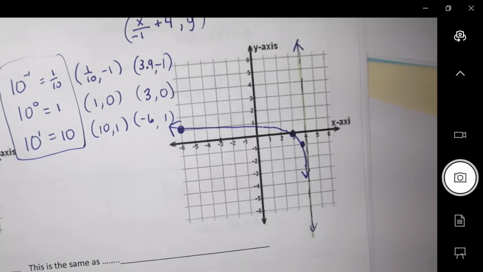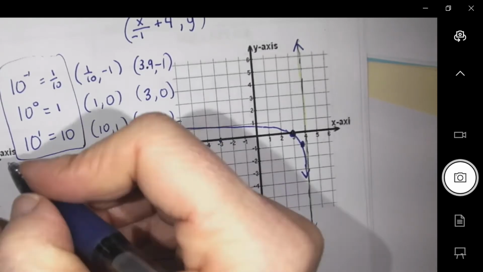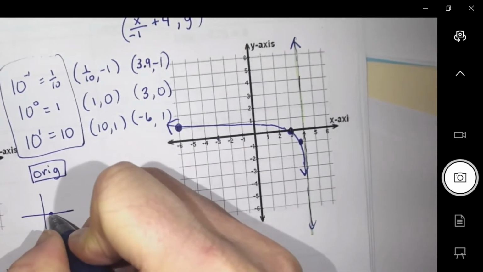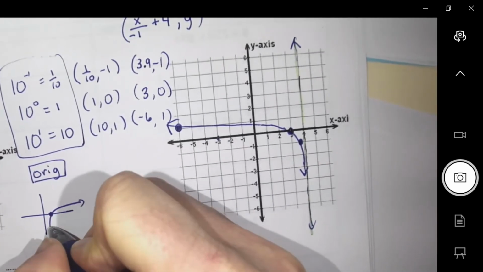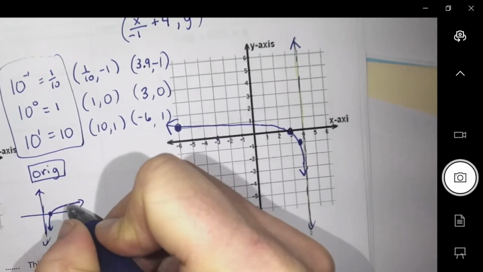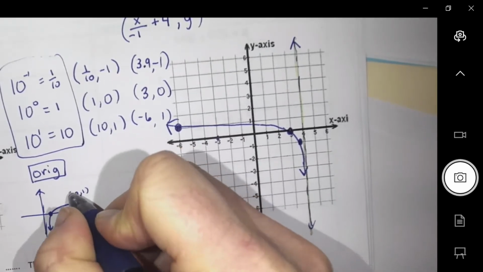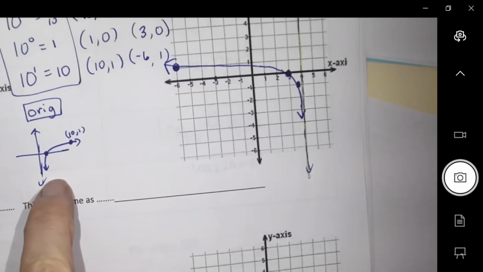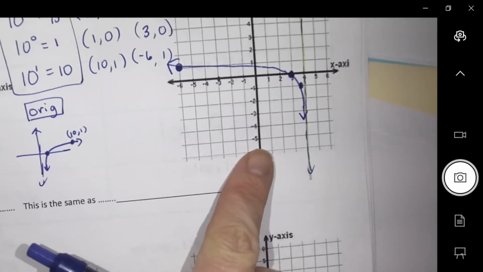Did you have the visual of what the original looked like? This is kind of the idea of the original. And now we have, do you see it? The reflection and then the right.